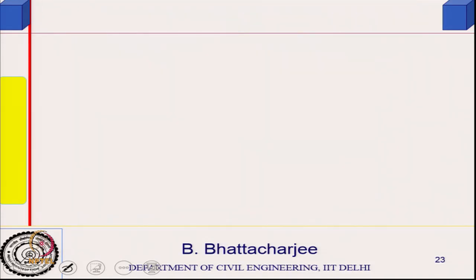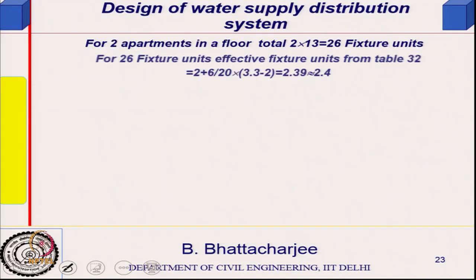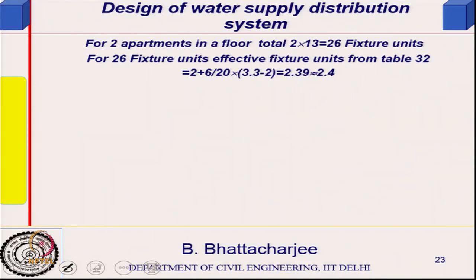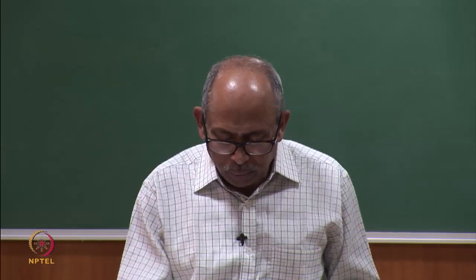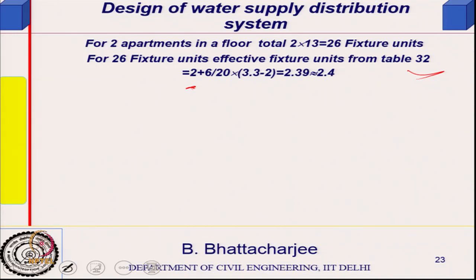Since there are 2 apartments, how many will there be? 26 fixture units. For 26 fixture units, effective fixture units from table 32 of SP 35 has to be interpolated, because 26 lies between 20 and 30. For 20 it is 2, and 6 is extra.